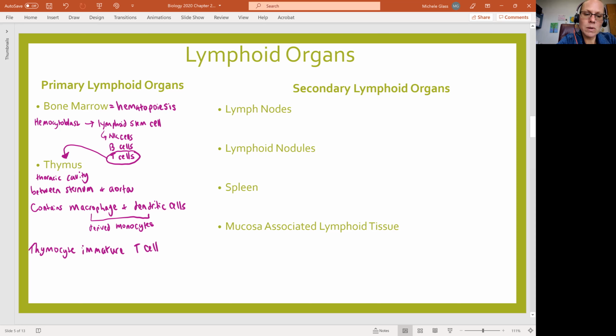We see that the thymus is where the thymocyte is going to be trained and where it will mature into the T cell. And we do see that the thymus produces the hormone thymosin, which is going to coordinate this development of the T cell.